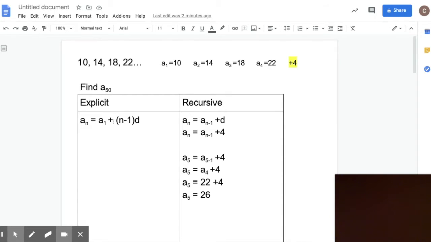So here's the example of explicit. Now, let me write an explicit formula to match this sequence. Well, what's the difference? The difference is still 4. We know that. Okay, that's the difference.